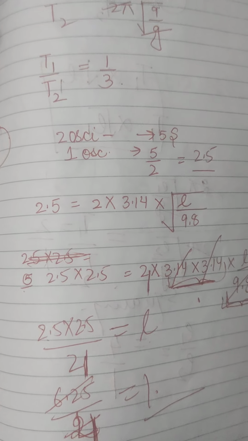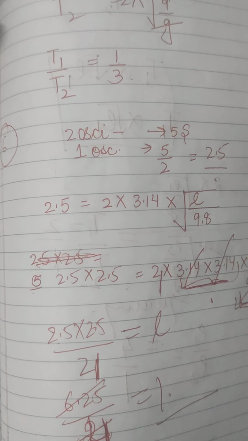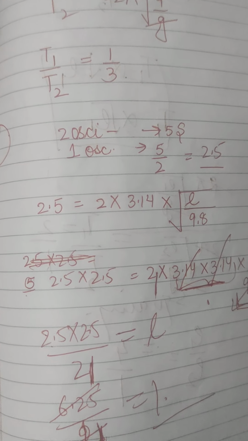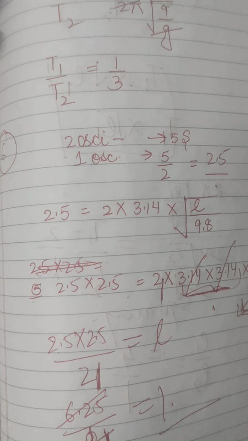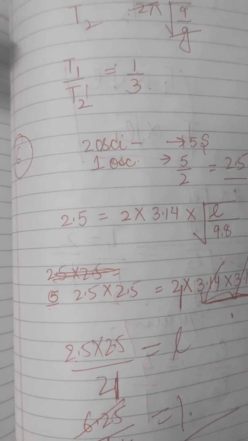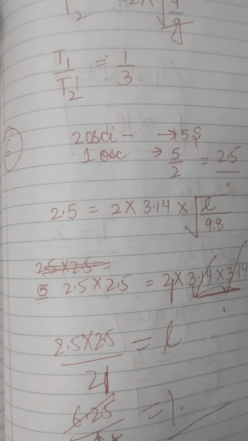The next question: a pendulum completes 2 oscillations in 5 seconds. 2 oscillations in 5 seconds, so 1 oscillation will be 2.5. Time for 1 oscillation will be 2.5. So that is your time period. What is its time period? Already calculated.